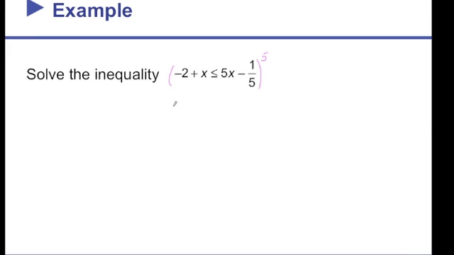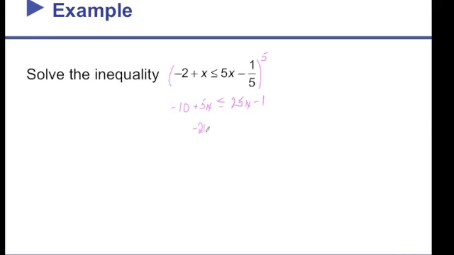So negative 2 times 5 is negative 10, plus x times 5 is 5x, less than or equal to 5x times 5 is 25x, minus, and here my denominators will go out, it will be minus 1. I do like to have my variable on the left-hand side, so I'm going to subtract 25x from both sides.